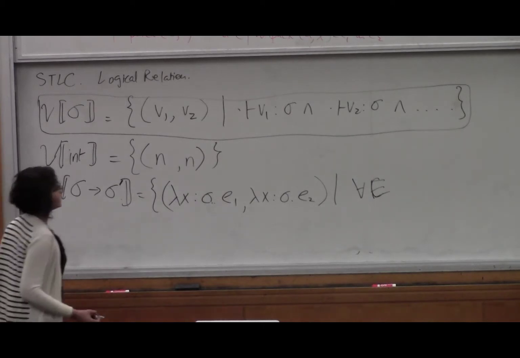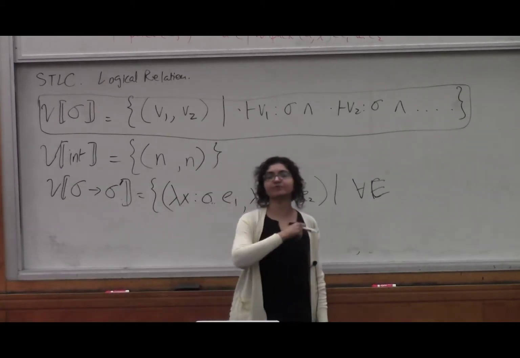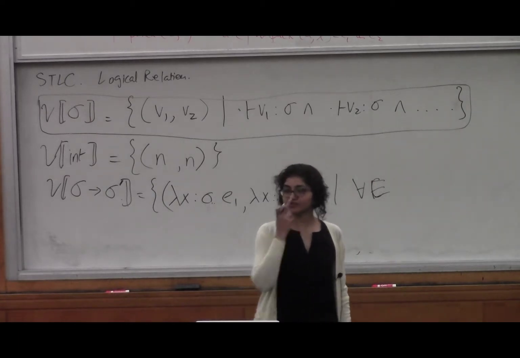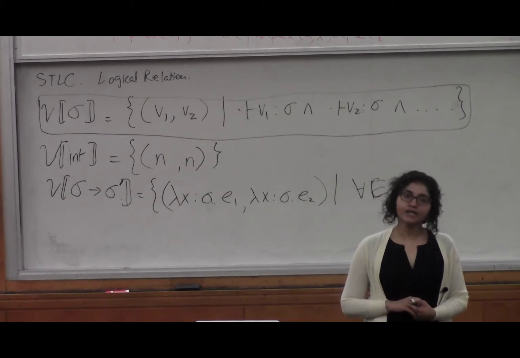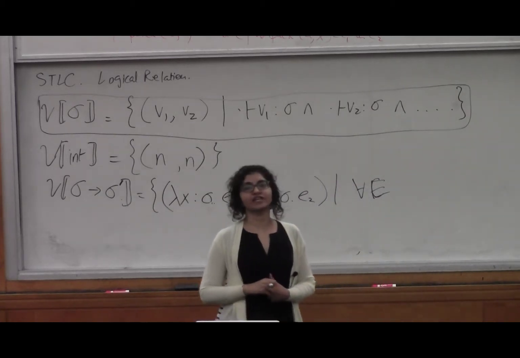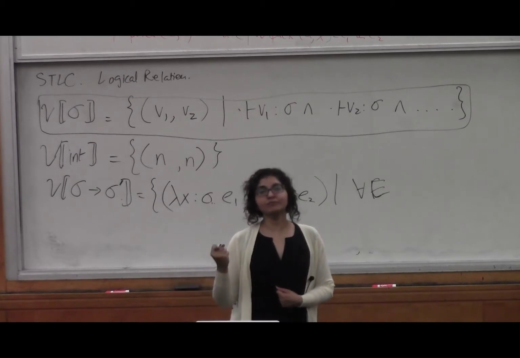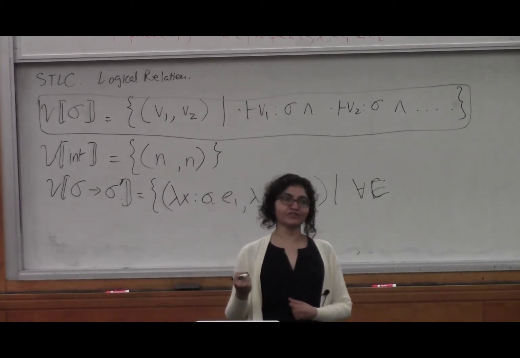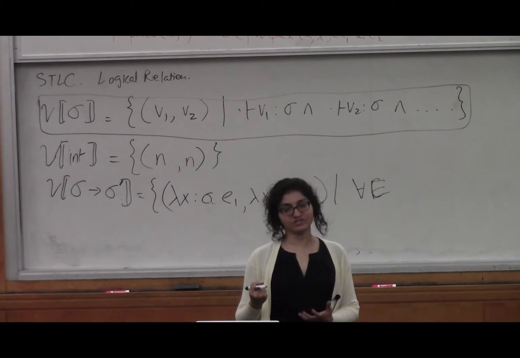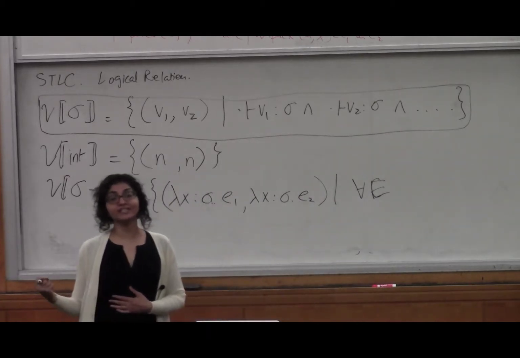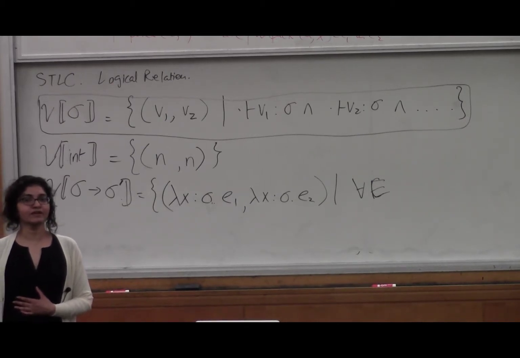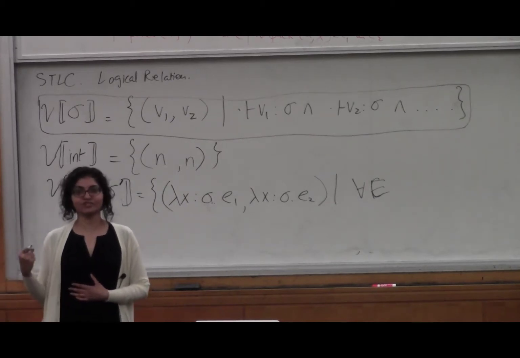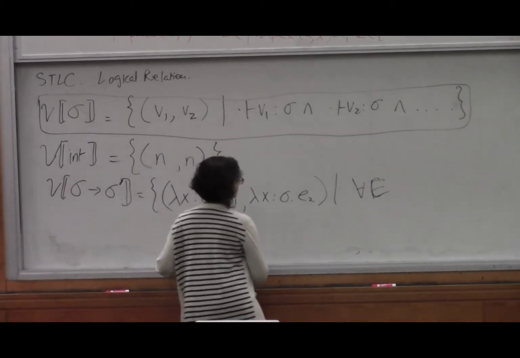You saw this with the proof you did with Dan for strong normalization for STLC. There you made sure the input to the function has the property of interest, and then guaranteed termination for the output. Here, my property of interest has just turned from a unary thing to a binary thing.